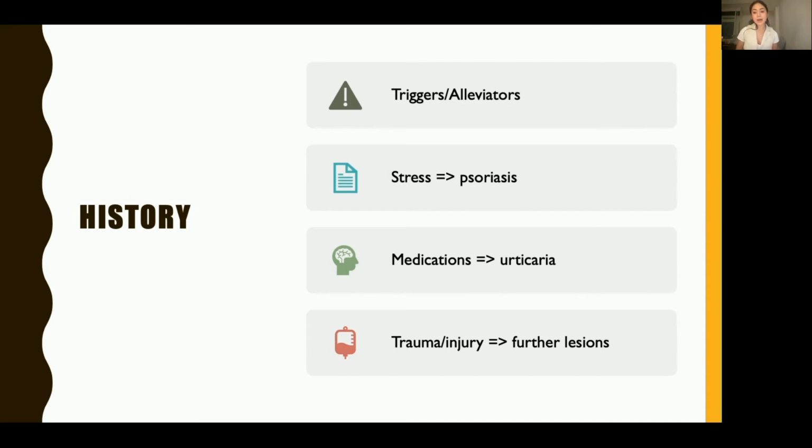And then ask about medications. What are they taking? Have they started anything new? Because that can lead to maybe an urticaria-like picture, especially with something like NSAIDs. And again, whether they've had any injury to any area of their body, even just a small scratch, is worth asking. So next slide.